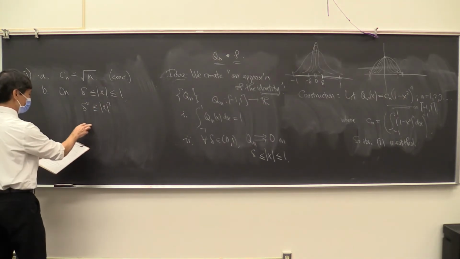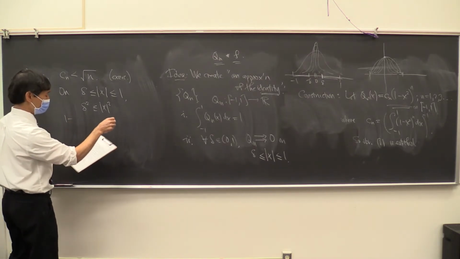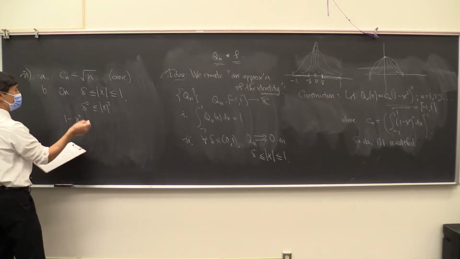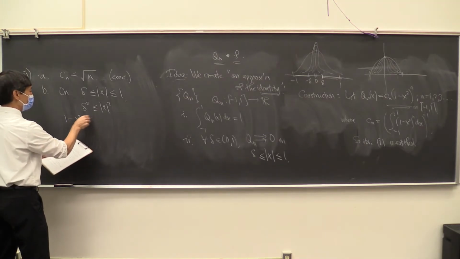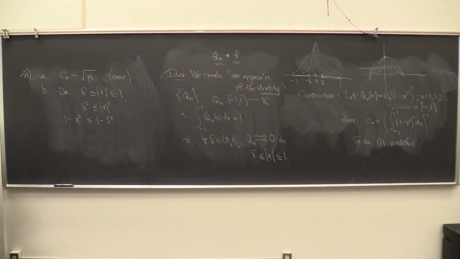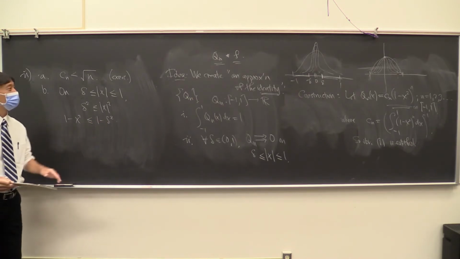So 1 minus x squared is less than 1 minus delta squared, right? 1 minus the bigger thing is smaller than 1 minus the smaller thing.